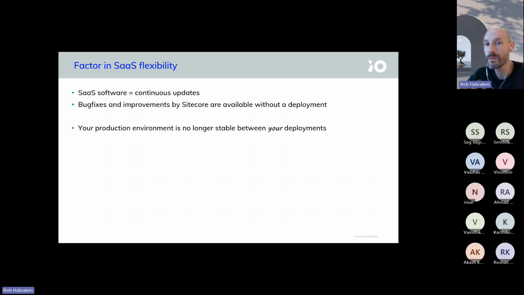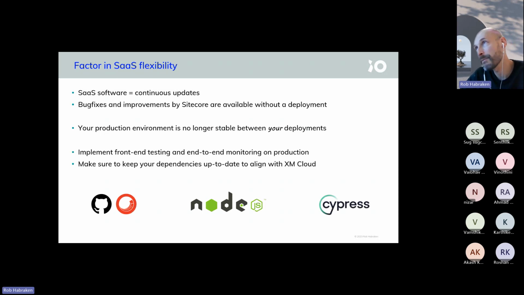And as long as no one was touching the production environment, at least the code wouldn't change. So that couldn't go wrong by itself. And I think that is no longer the case. So you have to factor this in. You have to account for this.